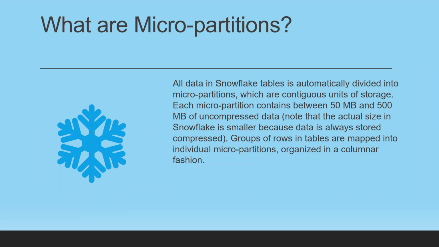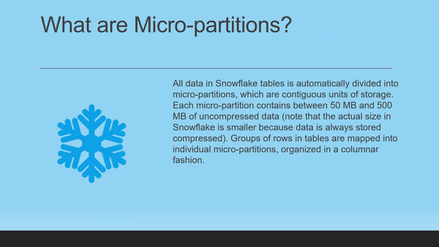Groups of rows in tables are mapped into individual micro-partitions organized in a columnar fashion. This size and structure allows for extremely granular pruning of very large tables, which can be comprised of millions or even hundreds of millions of micro-partitions.